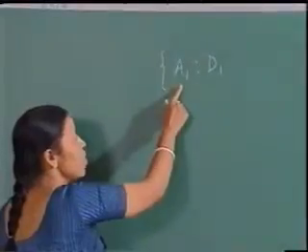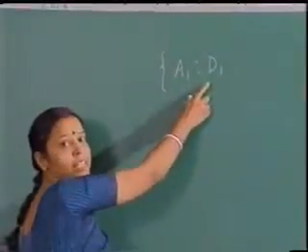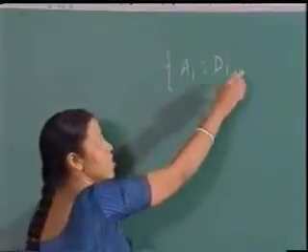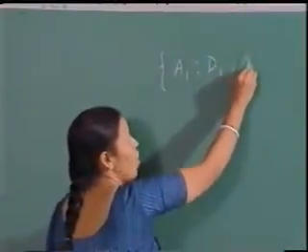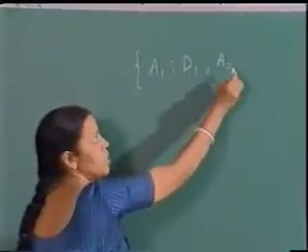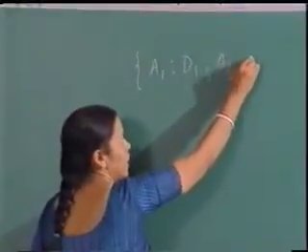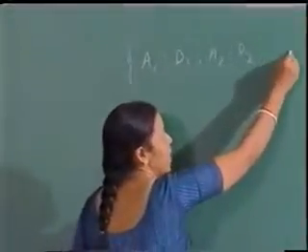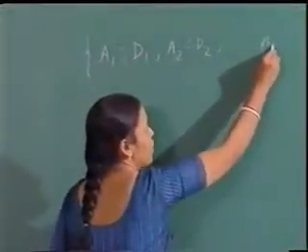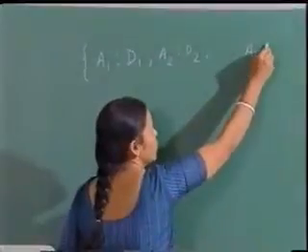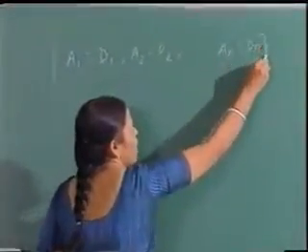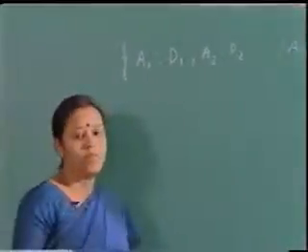That means this is your first attribute and this is the domain of this first attribute. Similarly, it can consist of the second attribute and the second domain. Just like this, you can have n number of attributes, and Dn is the domain name of the nth attribute.